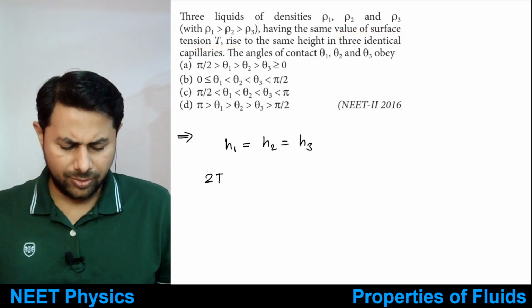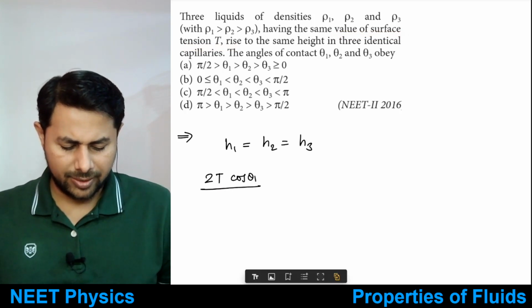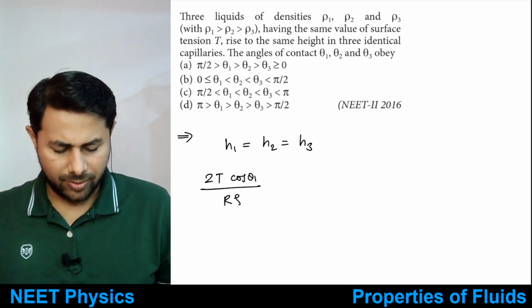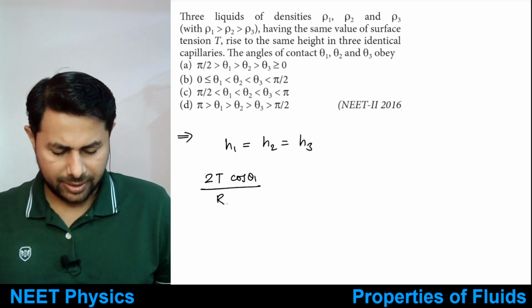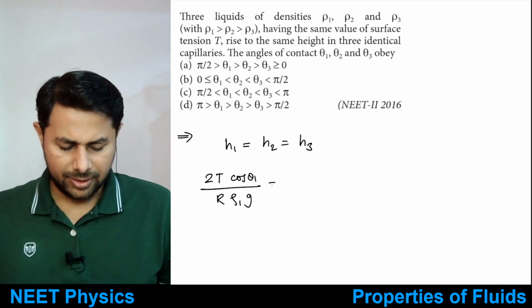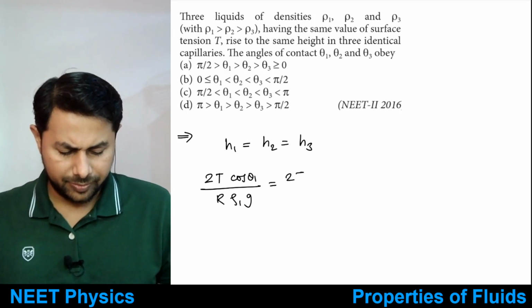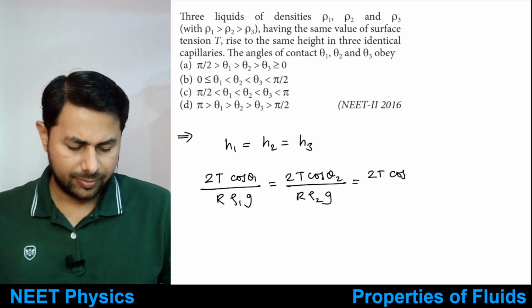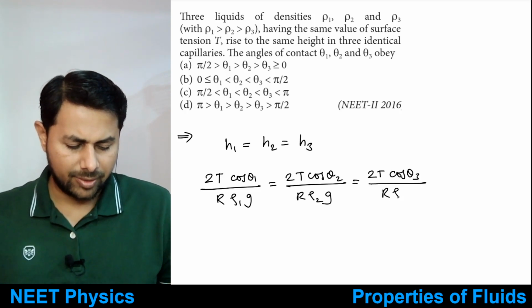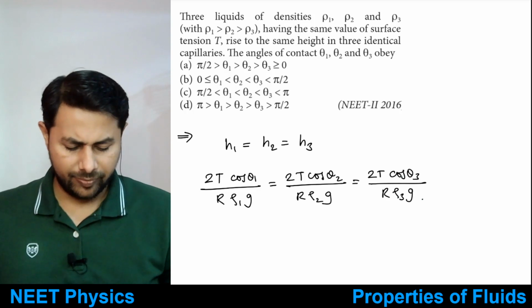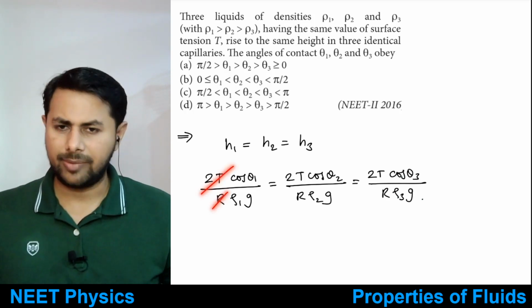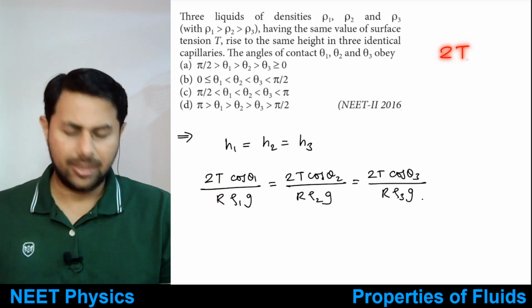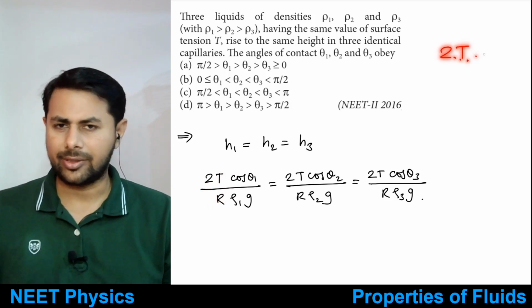So you can write 2t cos of theta 1 divided by r rho 1 g, right, r rho 1 g is equal to 2t cos theta 2 divided by r rho 2 g, and it's equal to 2t cos theta 3 divided by r rho 3 g.